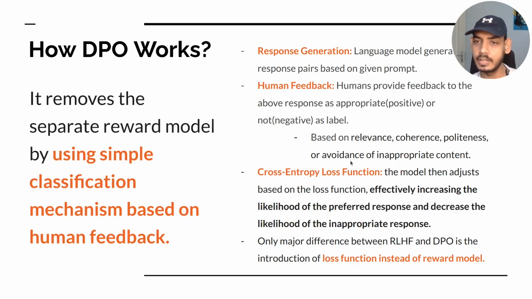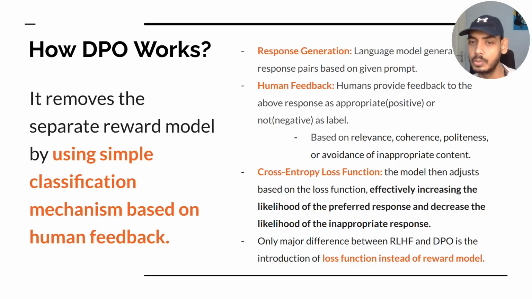Once we get the feedback from the human, we use something called cross entropy loss. The model then adjusts. Based on this loss function, it will effectively increase the likelihood of the preferred response and decrease the likelihood of inappropriate responses. This is the classification loss function which we basically use in many machine learning or deep learning models.